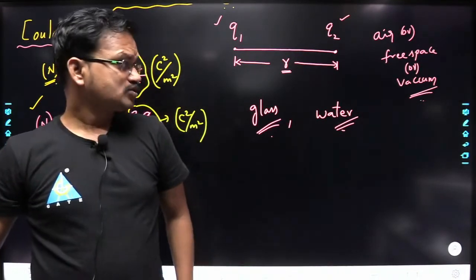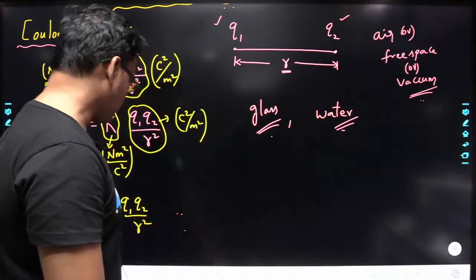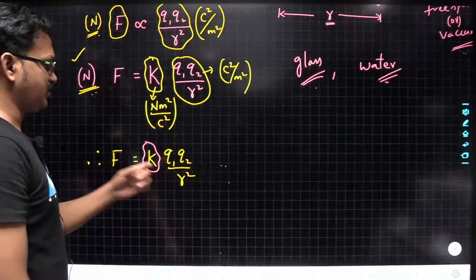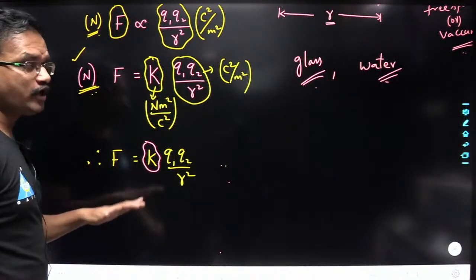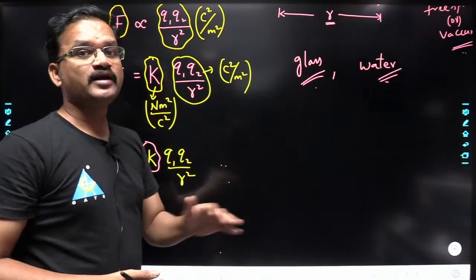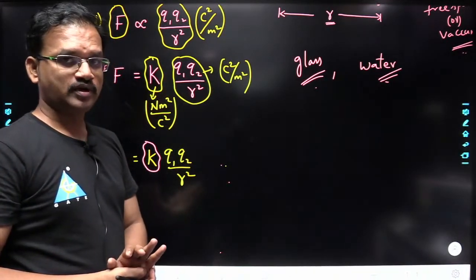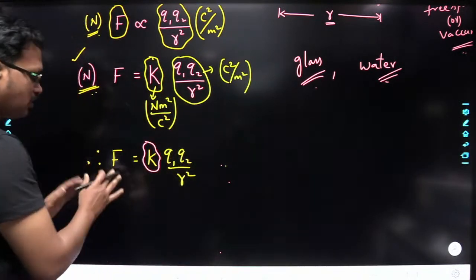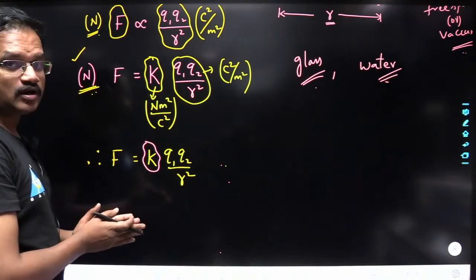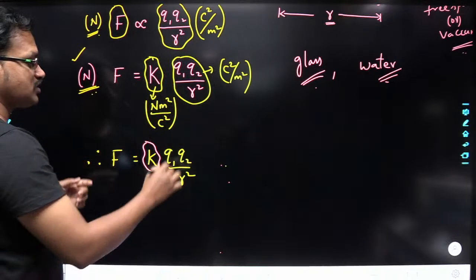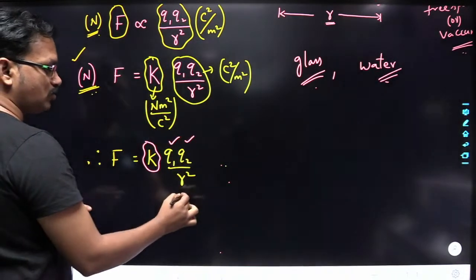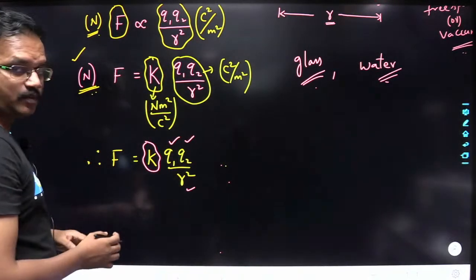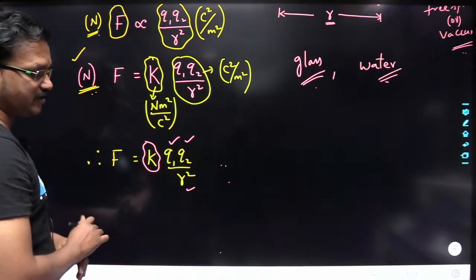So now in our force expression, you have to include the medium parameter also, because the force is not only depending upon Q1 and Q2 and R square, it is also depending upon the medium in which you are calculating the force.